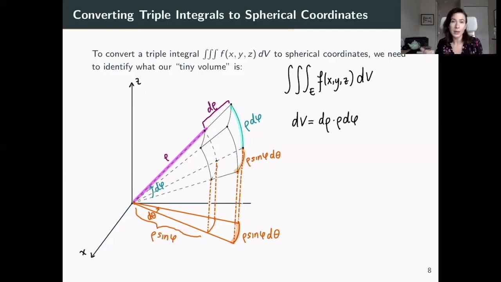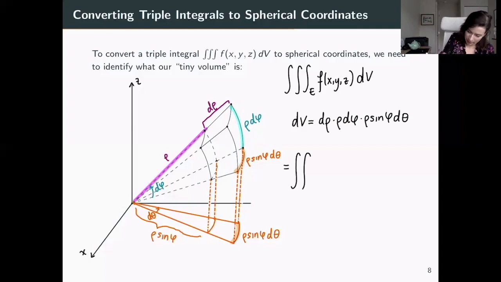And then we're also going to give it some width by taking this region and rotating it to give me that volume. I'm going to rotate it by that tiny angle d theta. But the distance that I'm rotating is going to be rho sine phi d theta. So in total, we're going to have times rho sine of phi and then d theta. And this makes a triple integral that will then be rewritten over the region E.